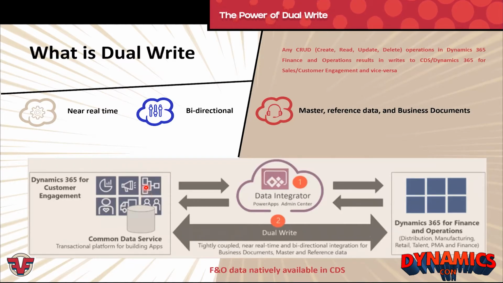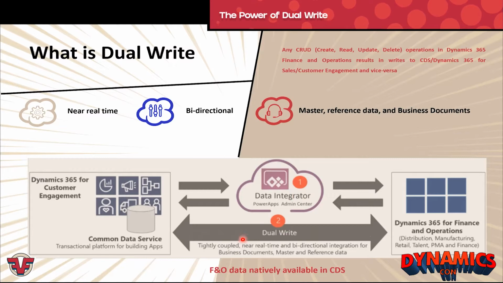So this is the same picture which we have seen for the Data Integrator here. As we saw in the first part, the Data Integrator was introduced as the middleware between Finance and Operations and customer engagement. Now we have a direct link between both Finance and Operations and Common Data Services. So there is no middleware sitting in between both systems like we used to have with the Data Integrator.